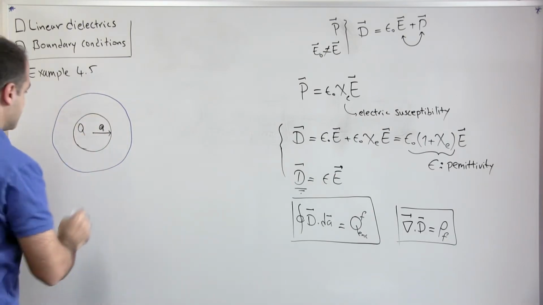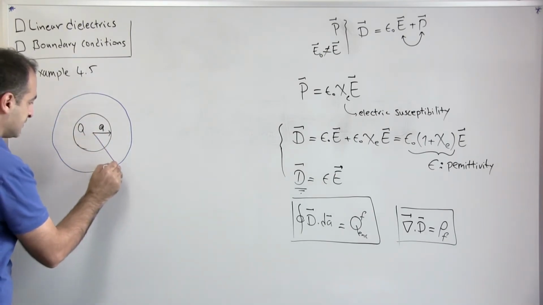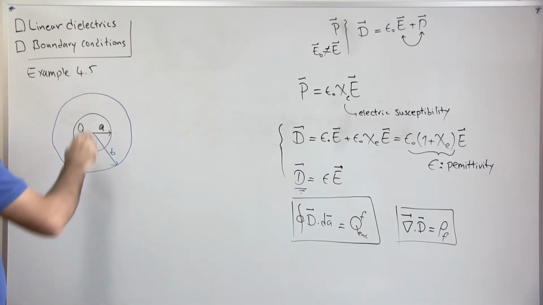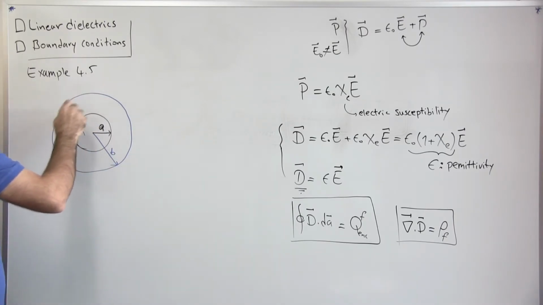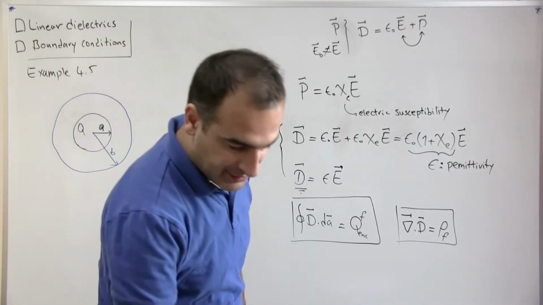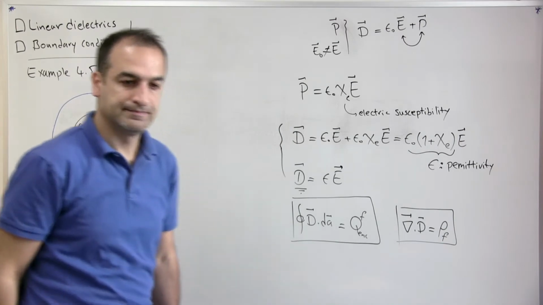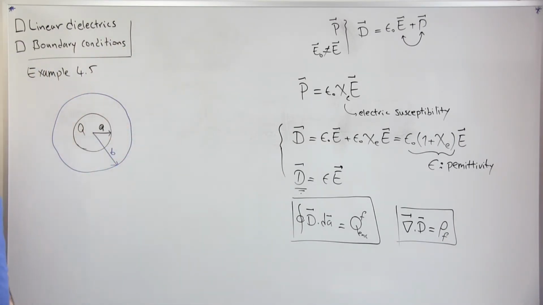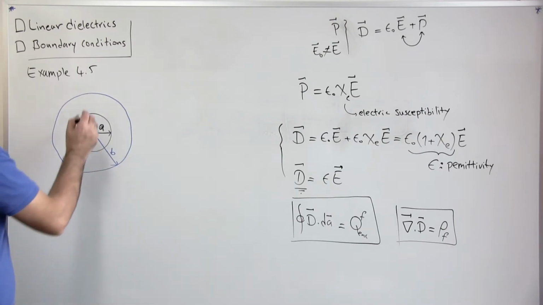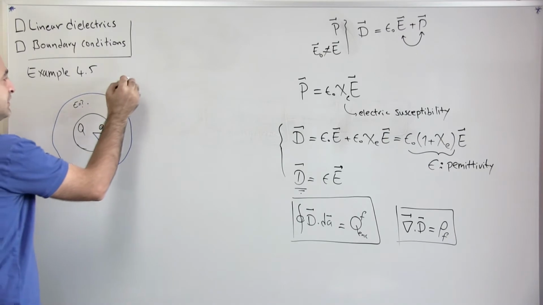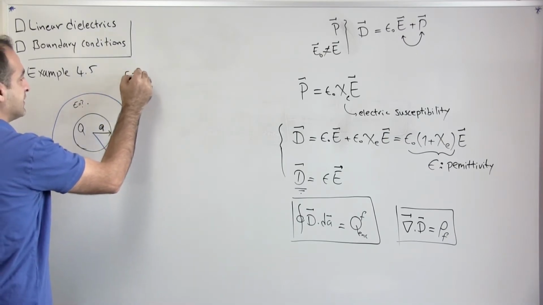So this is the radius, and the area between is covered by a dielectric material. The question is asking what is the electric field inside the dielectric and what is the electric field outside the dielectric. So here we are asking what is E, and here we are asking what is E as well.